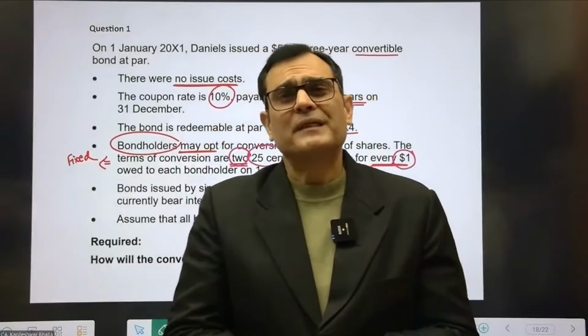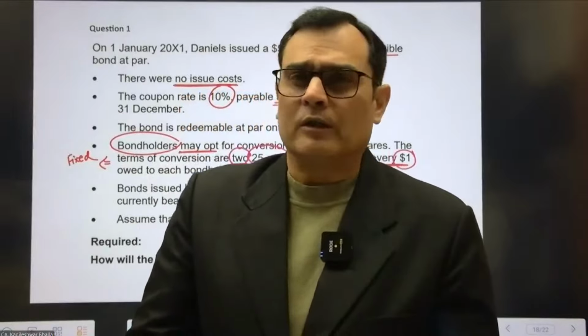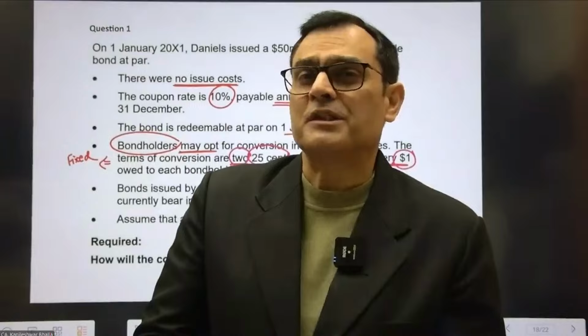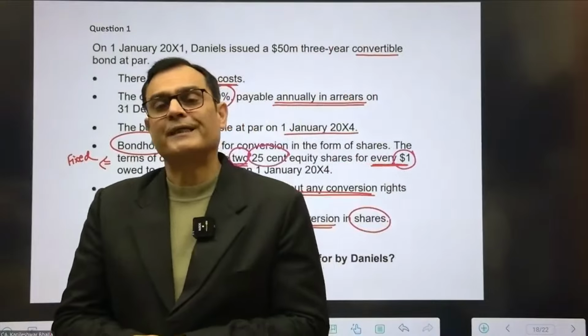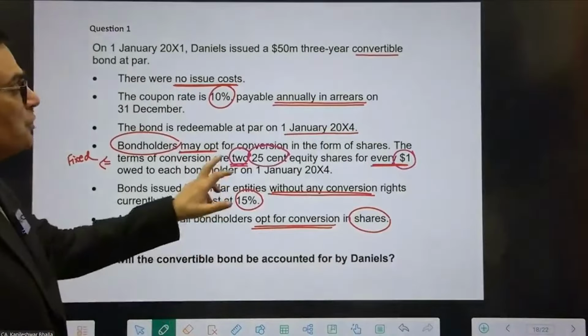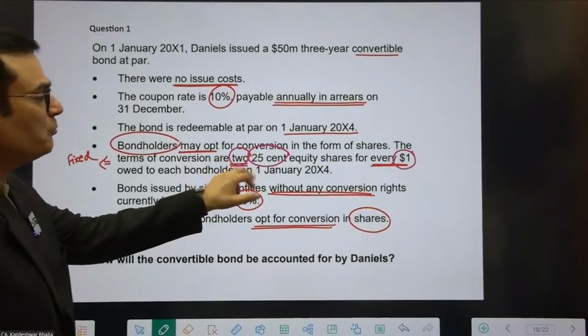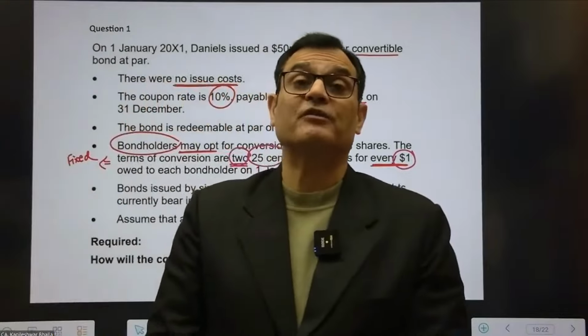So what does this mean? Are you making them a 50% payment, or are you telling them 50% is principal and 50% is premium? Decide. When I told them that I'm going to give you two shares which have a face value of 0.25, two shares of face value 0.25 makes it 0.5.